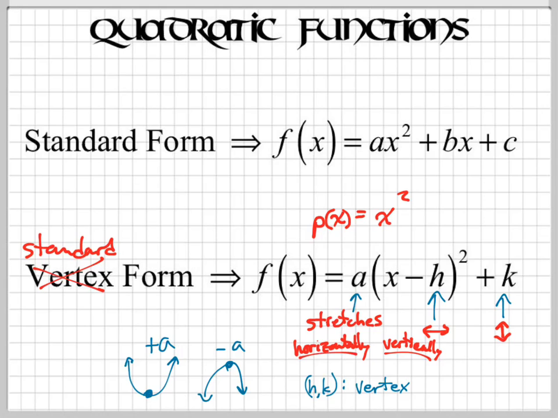It'll stretch it horizontally if the number is greater than 0 but less than 1. So if it's a fraction, pretty much. To stretch vertically, it just has to be a number greater than 1. Okay.